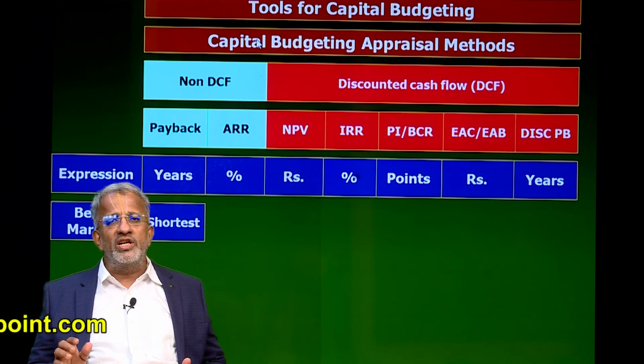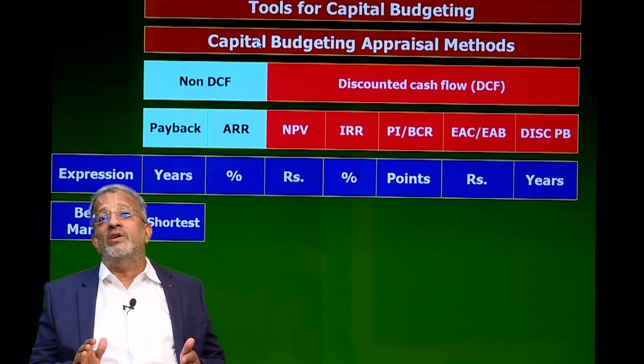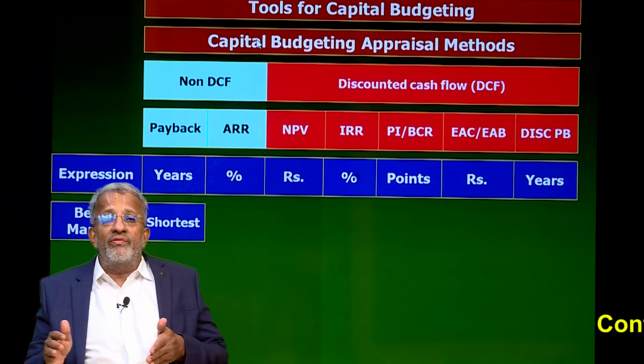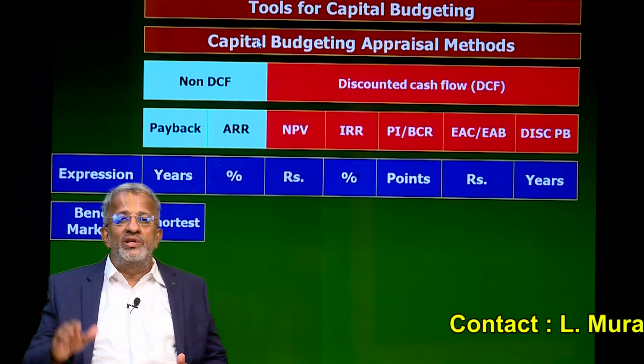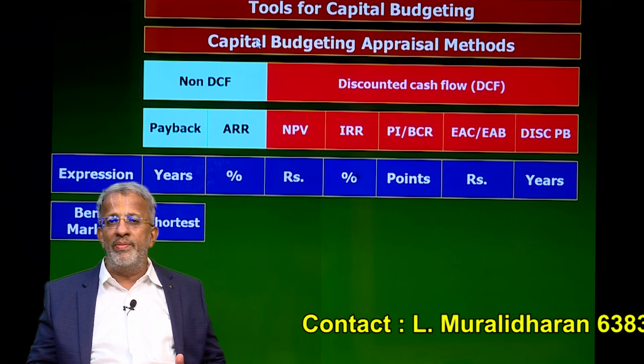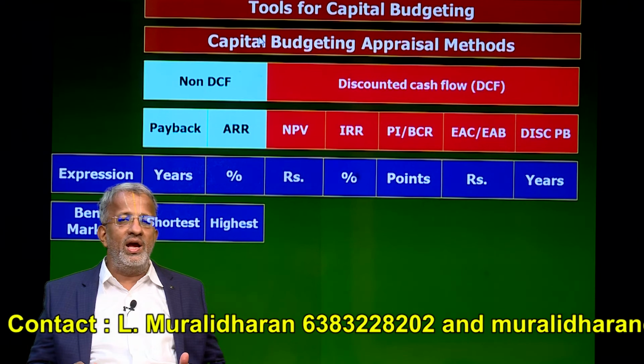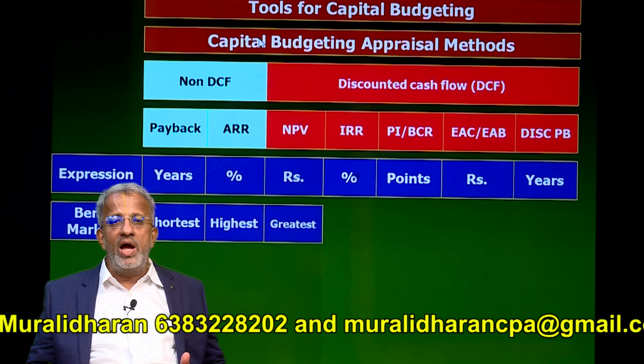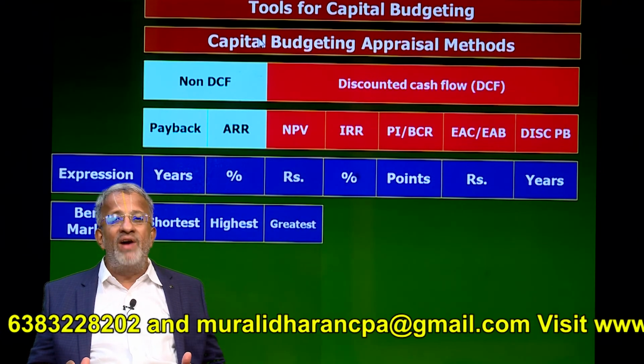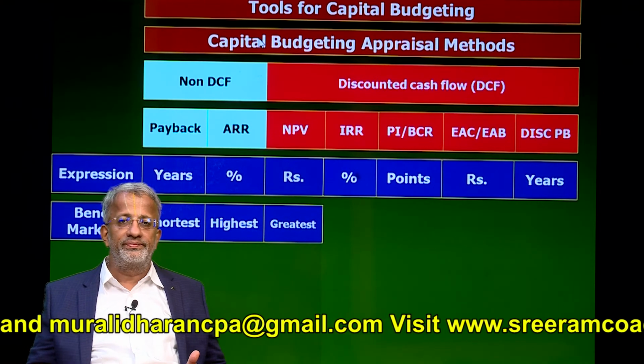So in the case of payback, the shortest payback is what you want. What is shortest will differ from project to project, but generally the shortest payback is required. Whenever you have RR, it should always be on the higher side, so highest. When it comes to value, it should be greatest.